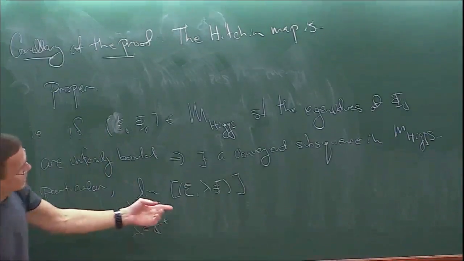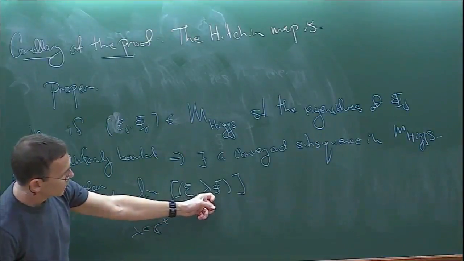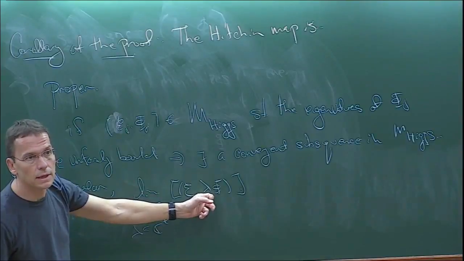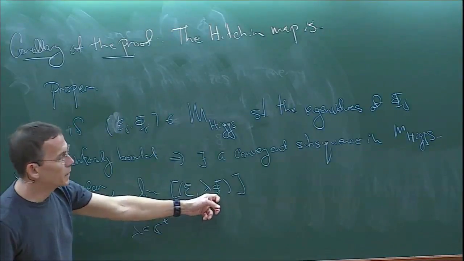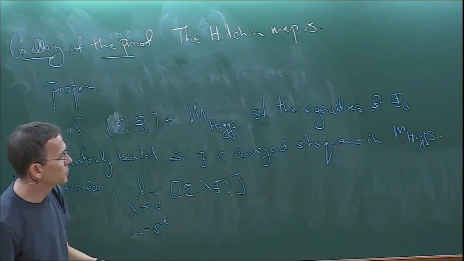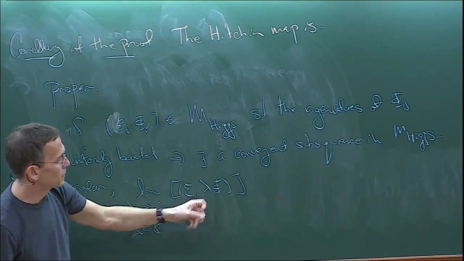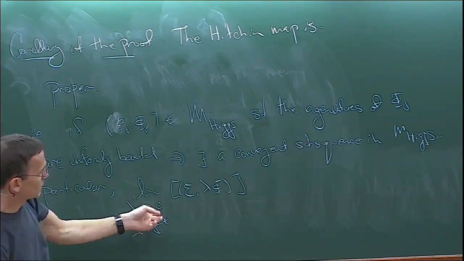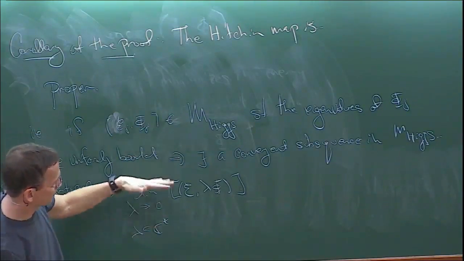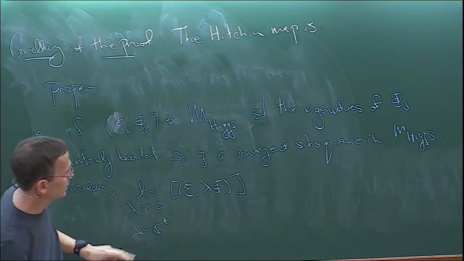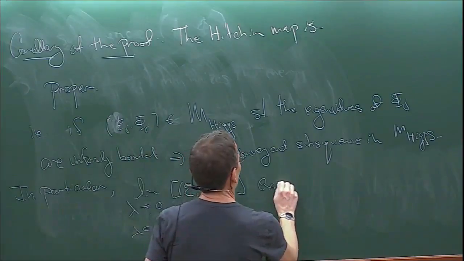So I start with a stable Higgs bundle. Then lambda of phi, if you go back to the definition, is still stable because the only role of phi was to determine invariant subbundles, and that doesn't care about the scale of phi. So this is clearly stable if the original bundle was stable. And what this theorem says is that when I take the limit as lambda goes to 0, one can show that the limit actually exists.